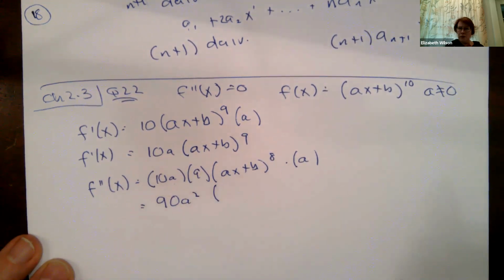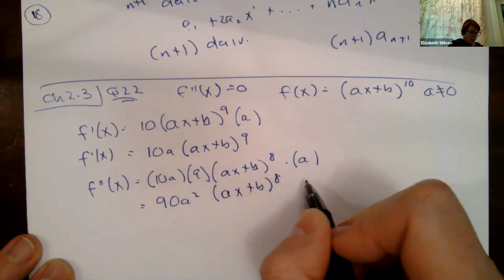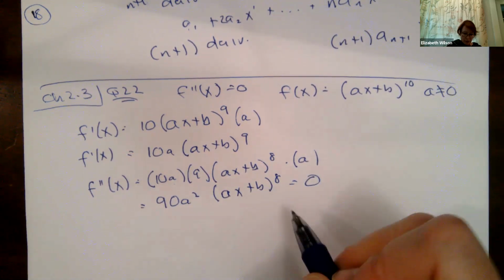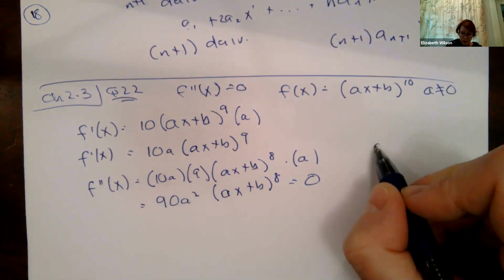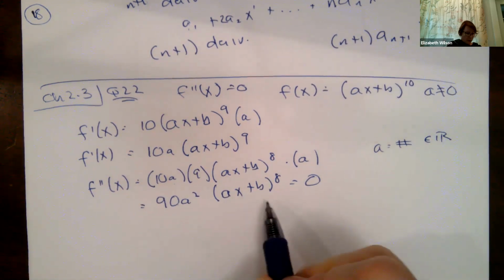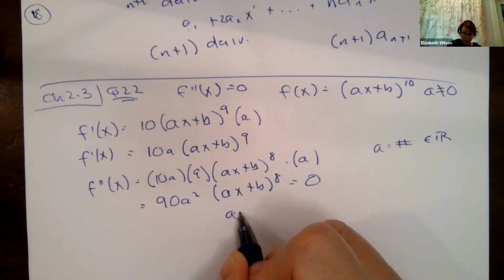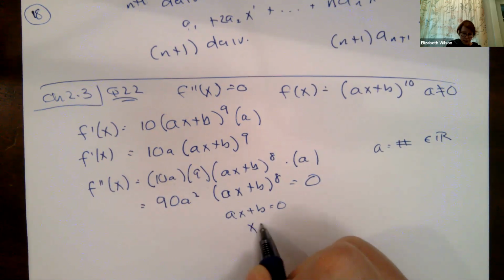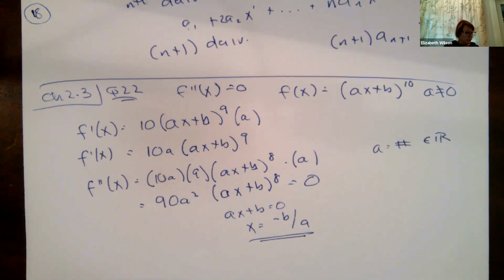A is just a number, it's not a variable. (ax plus b) to the 8th power, and I have to set that equal to 0. Basically, I divide through, since this is just a number. I'm taking the 8th root of 0, so I get ax plus b equals 0. I solve for x, which is equal to minus b over a. That's it.